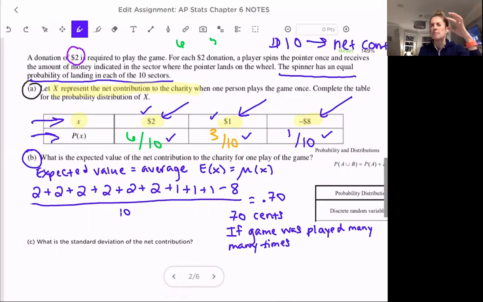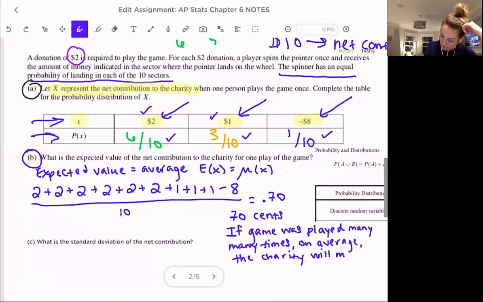But if this game was played many, many times over the long term, on average, the charity will make 70 cents for each game played.